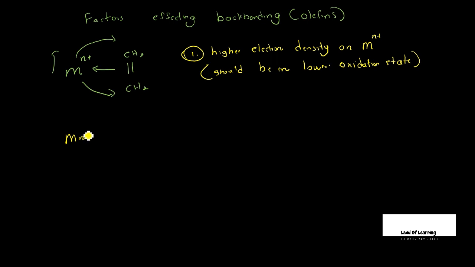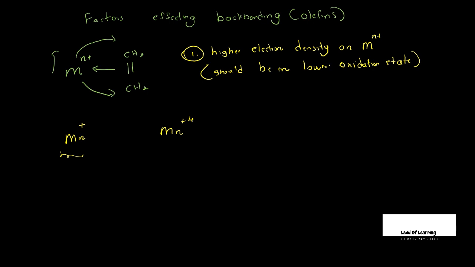Say manganese at plus 1 oxidation state, and manganese at plus 4 oxidation state, just a hypothesis; there is no Mn plus 4, but just a hypothesis. Between these two, which metal center contains the higher electron density? Definitely this one, because the plus means electron positivity, which means it needs electrons.